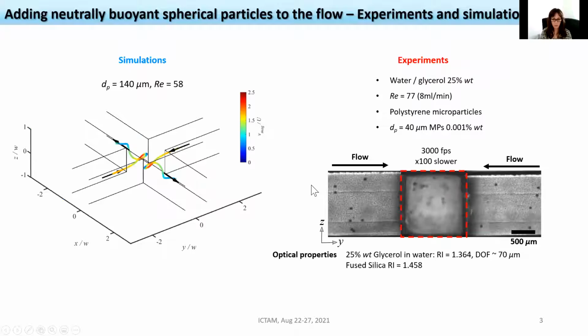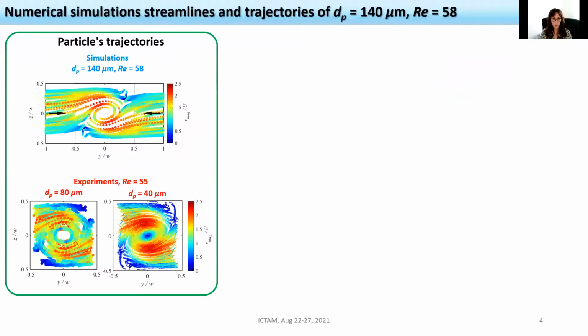From both experiments and simulations, we can then extract the particle positions and reconstruct their trajectories, and we can see how nicely the simulations agree with the experiments, showing that no particles can enter the center of the vortical flow field. But if we look at smaller particles, we can see that they do enter the center of the vortex.